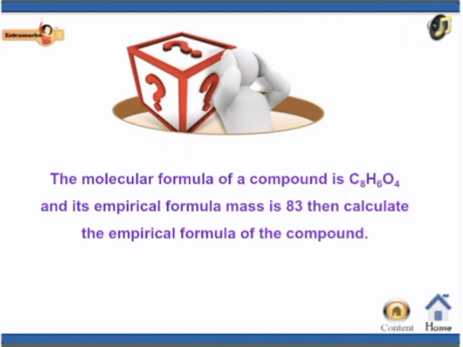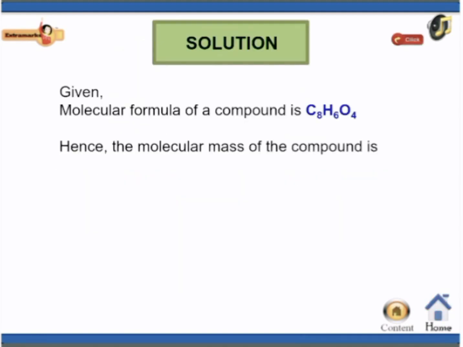Let us solve a numerical. The molecular formula of a compound is C8H6O4 and its empirical formula mass is 83. We need to calculate the empirical formula, given the molecular formula of a compound is C8H6O4.